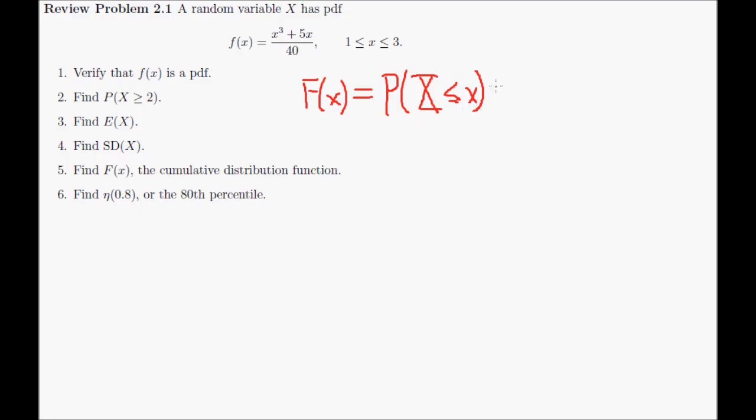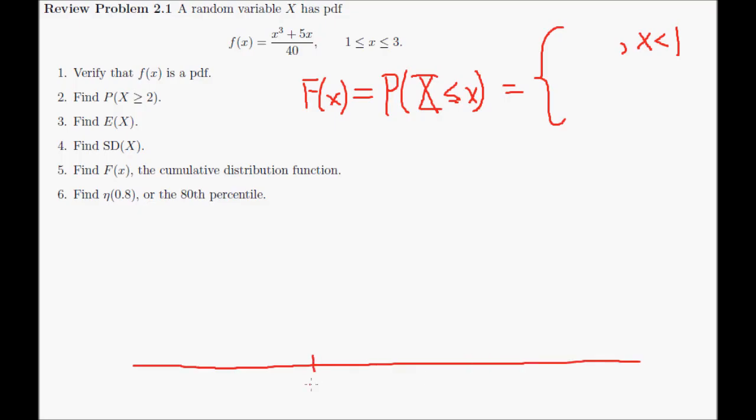In our case, this will actually have 3 parts. First, let's deal with the easy parts. The first easy part is if little x is less than 1. So let me draw a little schematic down here. There's 1, there's 3, and suppose little x is over here someplace.